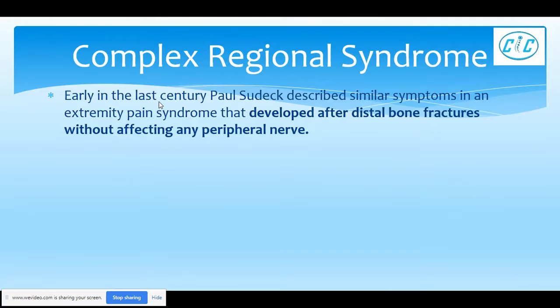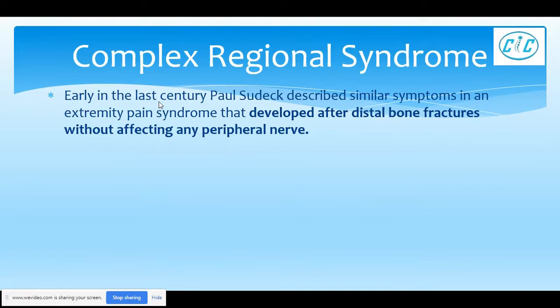Early in the last century, Dr. Sudeck described similar symptoms of extremity pain, a pain syndrome that developed after a distal bone fracture. So the cause was no longer nerve damage; it was the fracture that caused a similar type of syndrome.